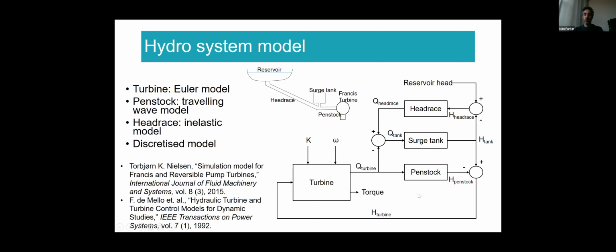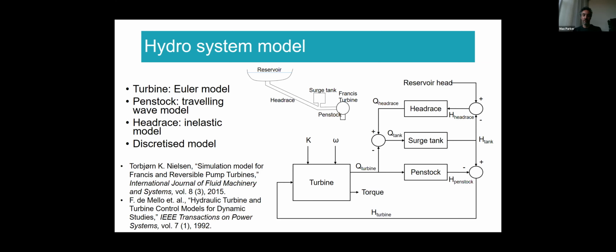So in terms of the waterway, I'm using a traveling wave model for the penstock, and an inelastic model for the headrace. This is discretized, so it runs at a slower rate than the power electronics models.